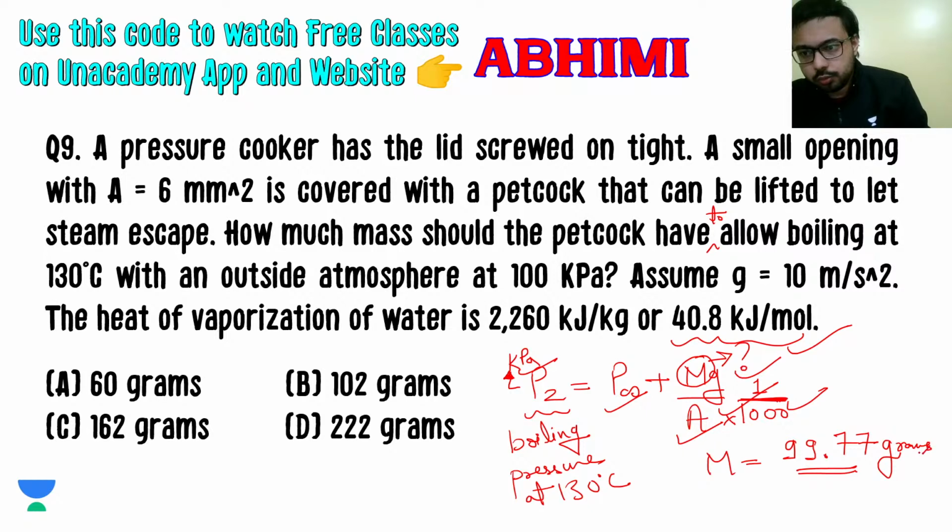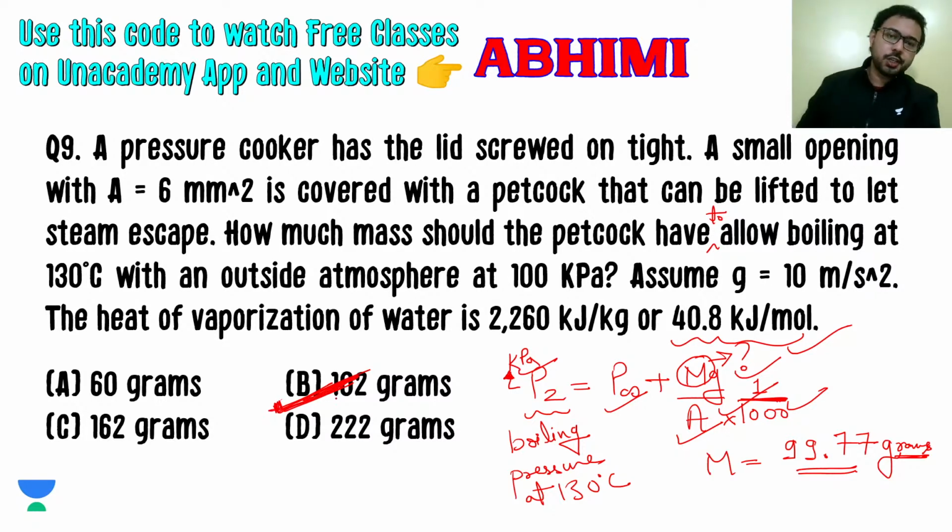So the correct answer here will be B because it is closest to the answer that we have calculated. I took this question from the NPTEL website, and in the question it was not given what the heat of vaporization of water was, so I had to write this value myself.